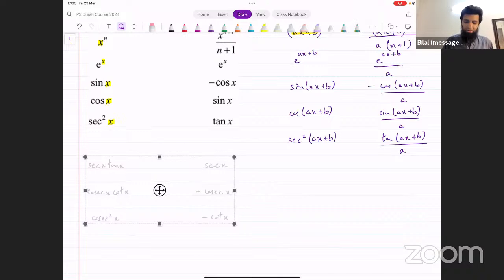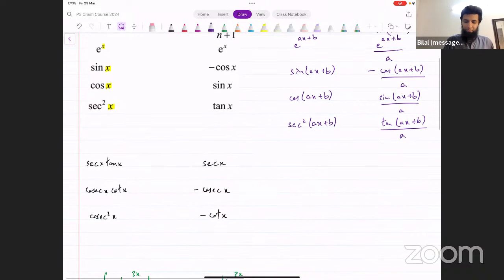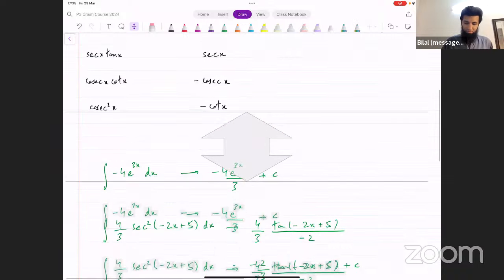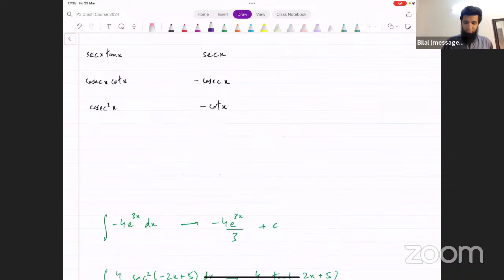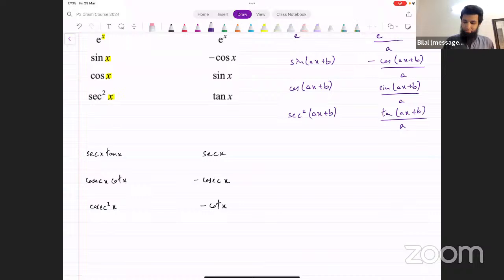a function like this here, if you had secant of some linear expression into tan of some linear expression, what would that become?